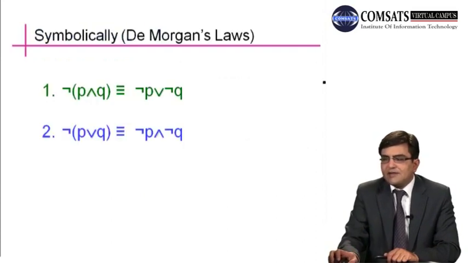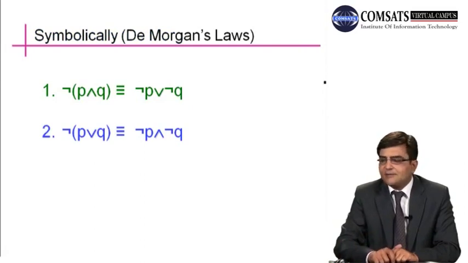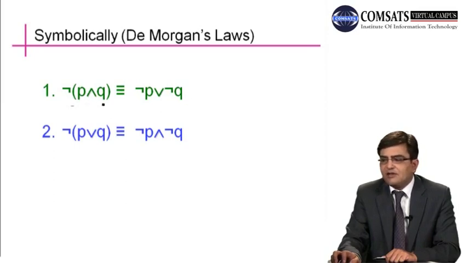Logically, we express De Morgan's laws as follows. The first De Morgan law is for the conjunction. If we take the negation of the conjunction of two propositions P and Q, then the first law states that the negation of P and Q is logically equivalent to negation of P or negation of Q. And the second law of De Morgan is about the disjunction.